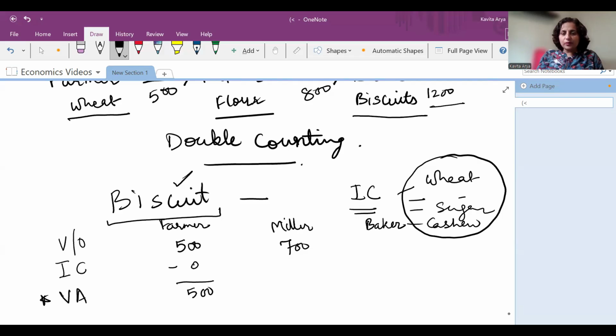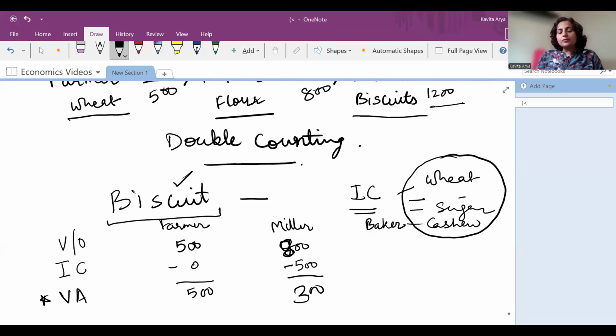But for creating this worth of wheat flour of 700, he had to have the wheat from the farmer of rupees 500. Hence, the value added by him would be 200. Sorry, in the previous example, I had 800. So, the value added at this stage becomes 300.